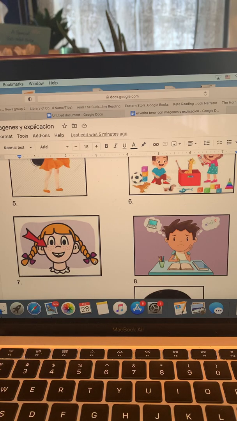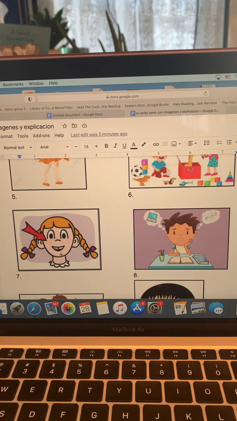Physical characteristic, okay? This beautiful young lady has freckles. You see the arrow pointing at them? So again, you can use only one singular pronoun. I see only one, okay?